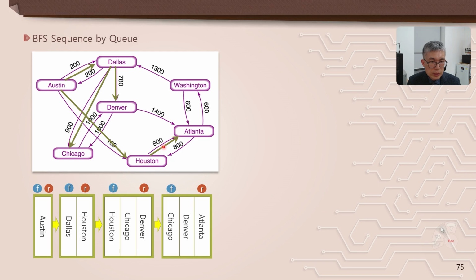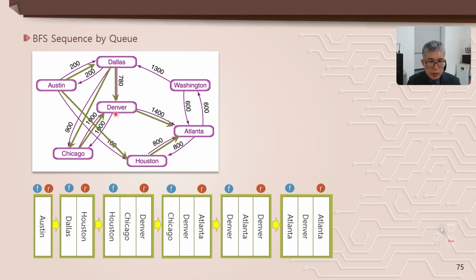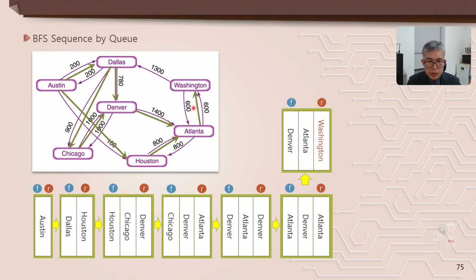After that, Houston is dequeued and its neighbor Atlanta is enqueued. After that, Chicago is dequeued, but Denver is already visited, so it is not enqueued again. Then Denver, then Atlanta. Atlanta is taken out, and its unvisited neighbor is Washington.